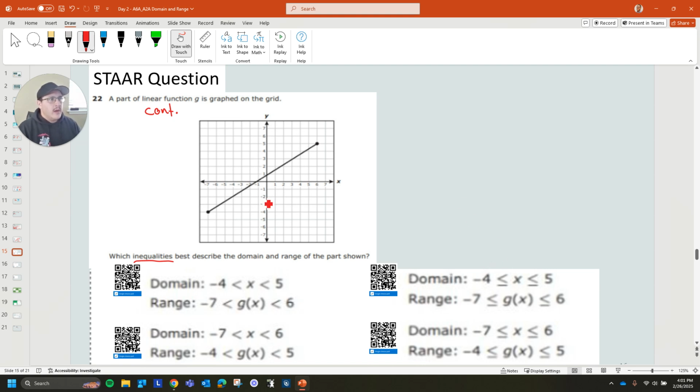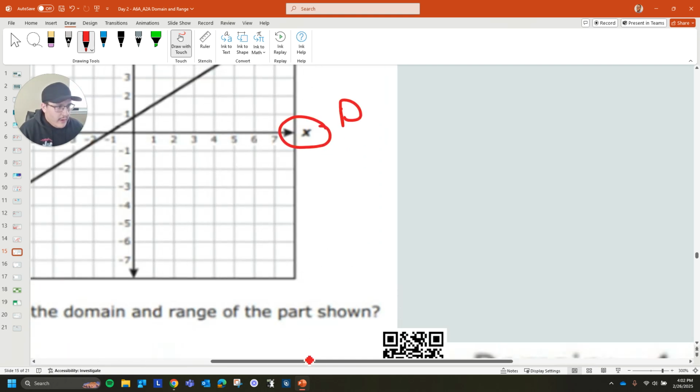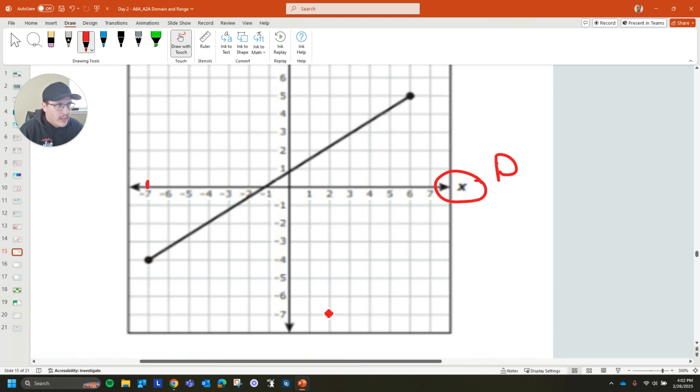Now I need to know what are my x values for domain and what are my y values for range. Let's start with the x values. So looking on the graph right here, all the way to the left, this point, and you can barely read it. I'm going to try to zoom in for y'all, and I apologize for the blurry line here.